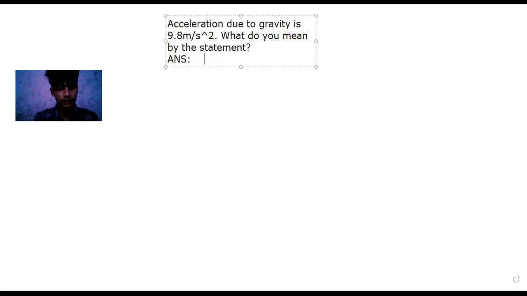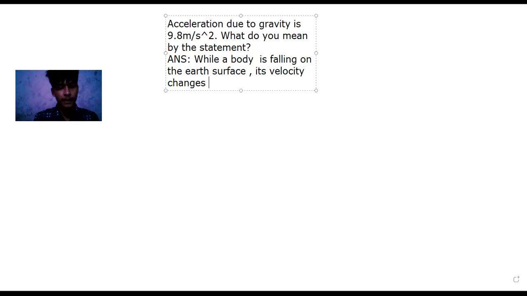While a body is falling on the earth surface, its velocity changes by 9.8 meter per second in every 1 second.